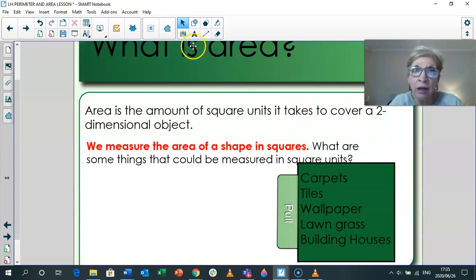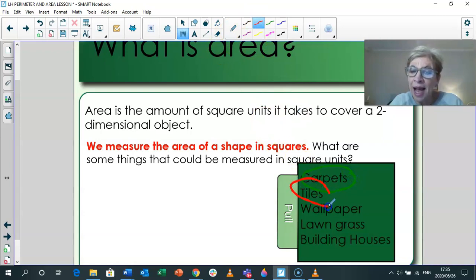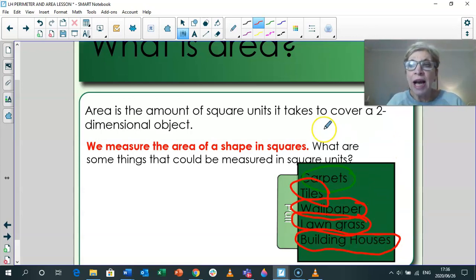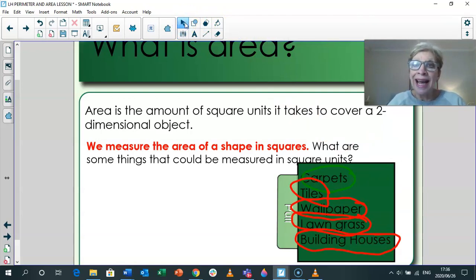We would measure how much carpet we need to buy for a room, how many tiles we need to buy to cover a room, how much wallpaper we would need to buy to cover a wall, how much grass mom and dad have to buy for your gardener or for you to cover your lawn or your outside back garden. And builders use area to know how big a room needs to be built, or how to tile a room, or how to carpet. How much carpet must I buy to cover that area? And that is what area is all about.